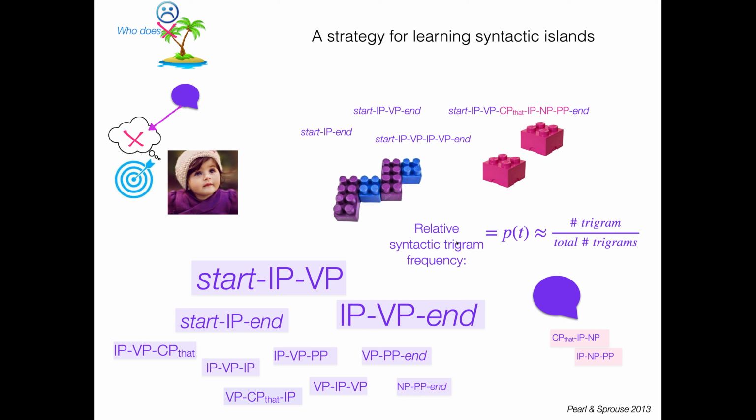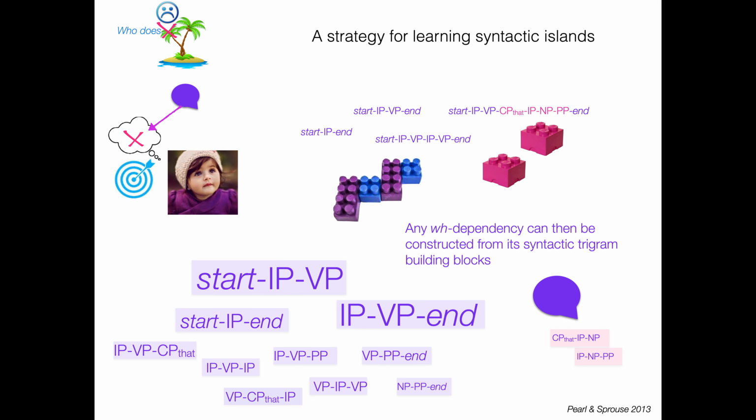And so the way that Pearl and Sprouse aggregated this information was to say, okay, the probability that you're going to calculate from this is just count the number of total trigrams of whatever type and divide it by all the trigrams, smooth a little bit so that you don't actually end up with a 0 probability if you never see a particular trigram. You just end up with a really tiny probability. And so that's how you calculate probability of these building blocks.